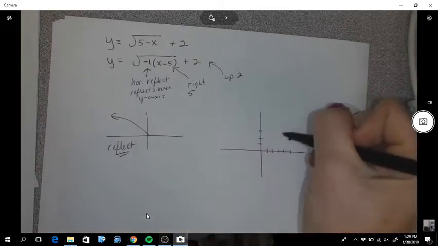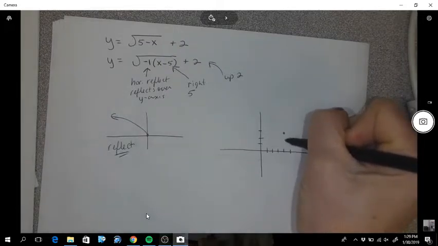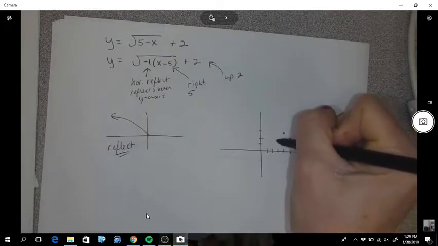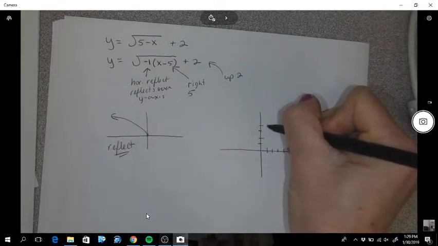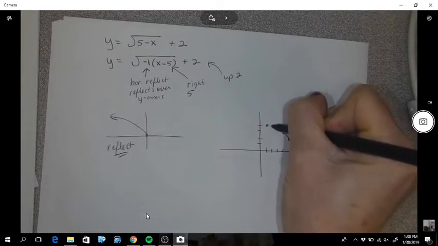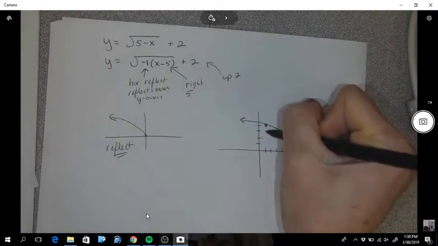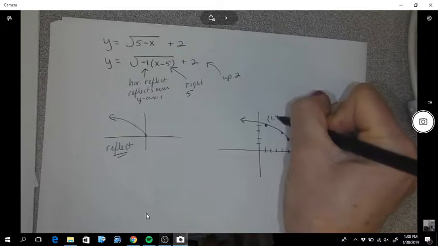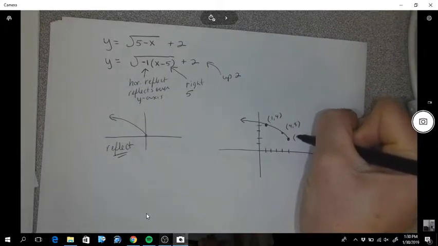So my pattern is still going to be over 1, up 1, over 4 from the starting point, 1, 2, 3, 4, up 2. Okay, so you can see that this point ends up being 1, 4, 4, 3, 5, 2.